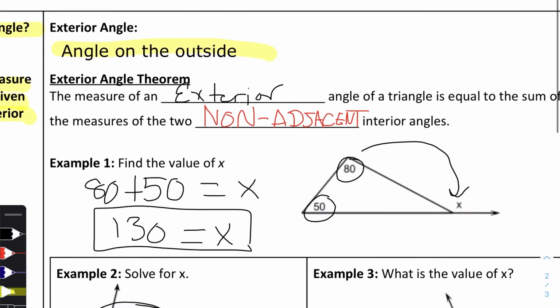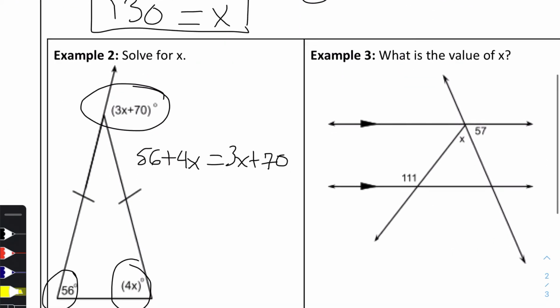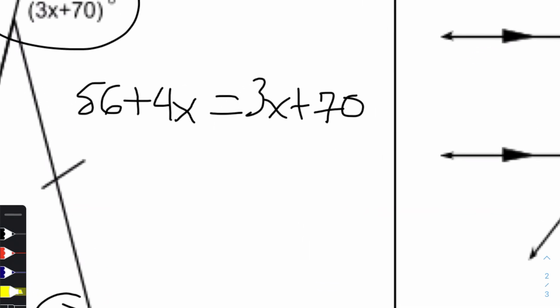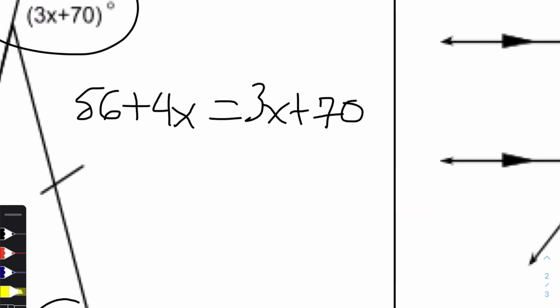The measure of an exterior angle, I'm going to highlight that because you need to make sure you know that. The measure of the exterior angle of a triangle is equal to the sum of the measures of the two non-adjacent interior angles. So I can add those two non-adjacent interior angles to equal my outside angle, which is how I developed this equation here to solve for x.